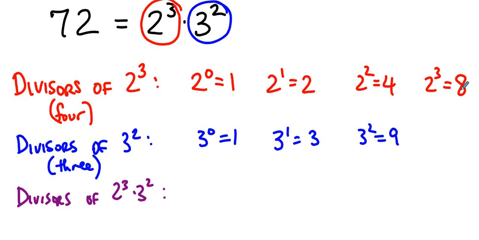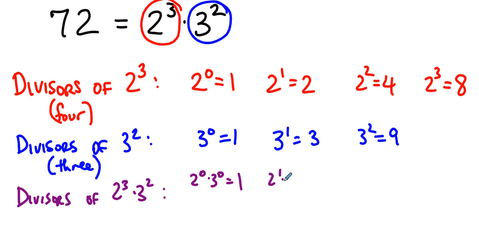Well, we can take any one of these and multiply it by any one of these. We could do 2 to the 0 times 3 to the 0, or 2 to the 0 times 3 to the 1, or 2 to the 0 times 3 to the 2. Or we could do 2 to the 1 times 3 to the 0, or 2 to the 1 times 3 to the 1, and 2 to the 1 times 3 to the 2.